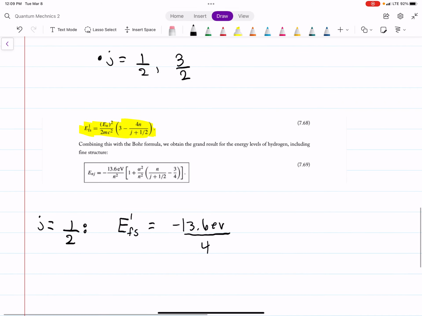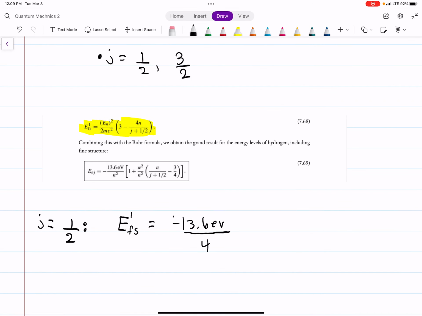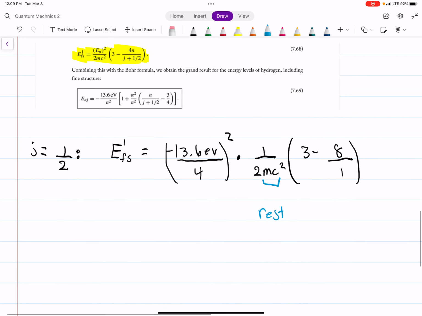And then this is all squared, times 1 over 2 mc squared, 3 minus 8 over J, so this will just be 1. And remember that mc squared is the rest energy of an electron.